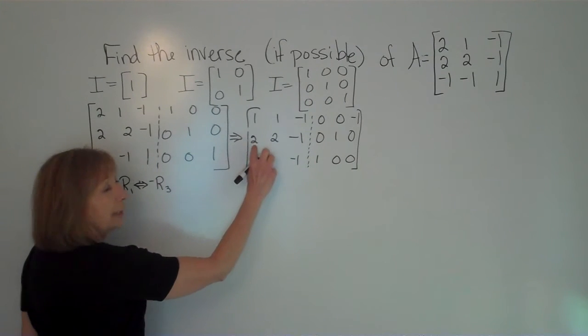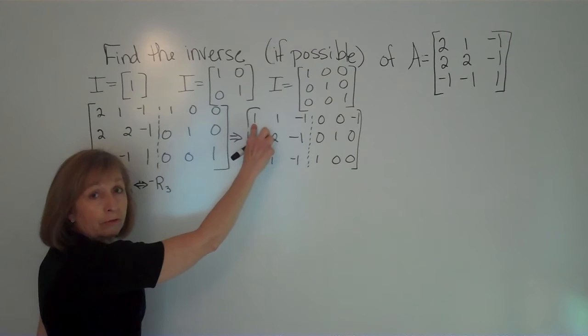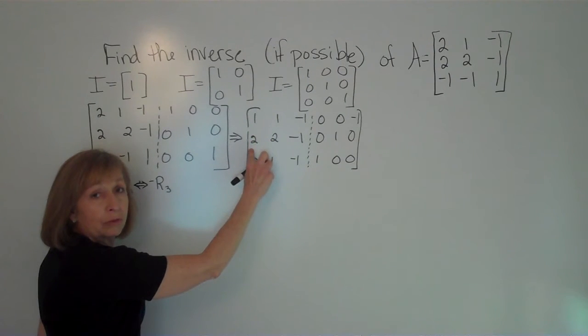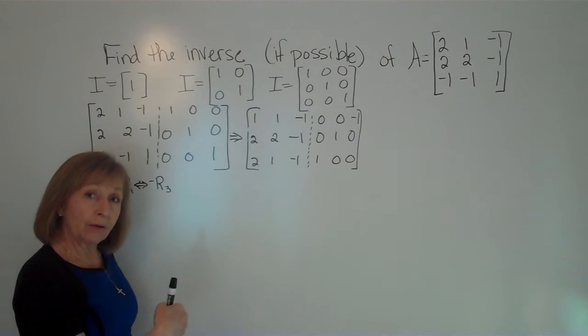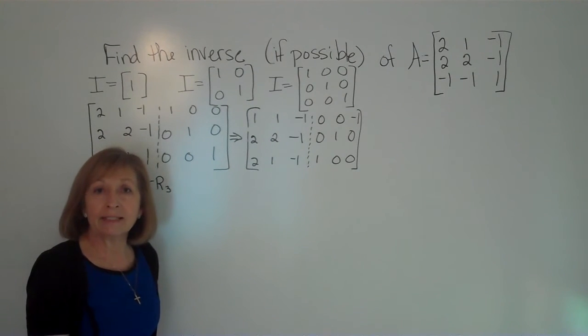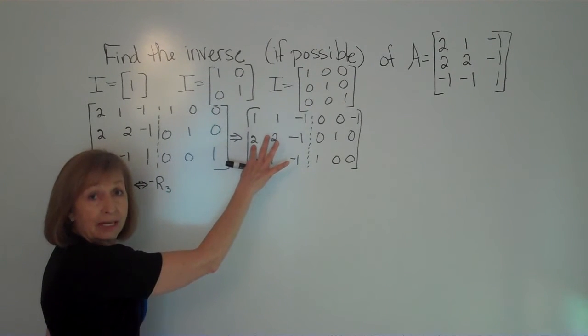So if I look at row 2, right now it's a 2, and I want to know what multiple of row 1 can I add to row 2 so that that would be a 0. Well, if you get your 1 then your zeros, what you're multiplying by is always the additive inverse of what number's sitting there. So the additive inverse of 2 is -2.